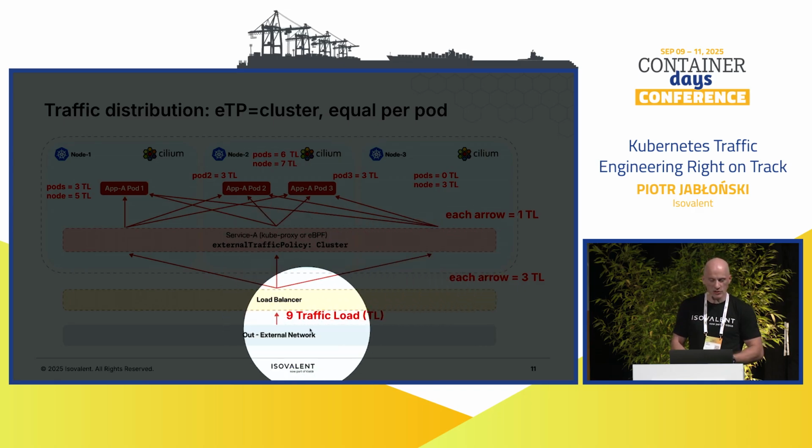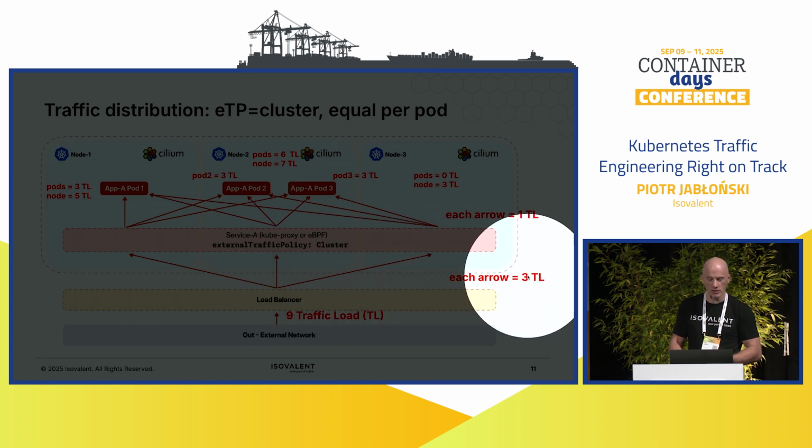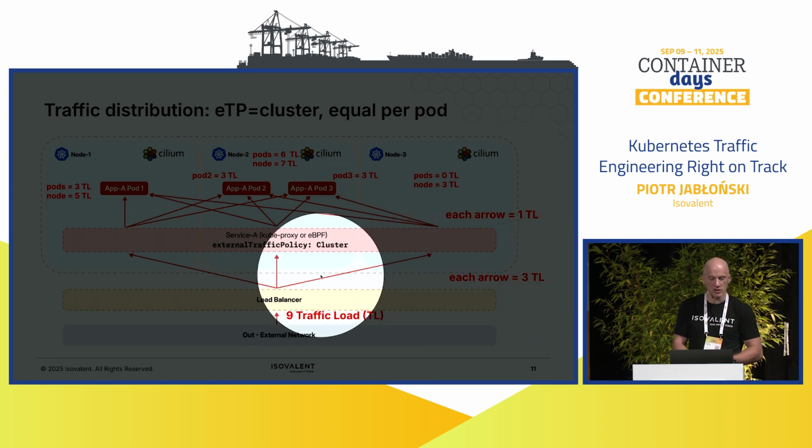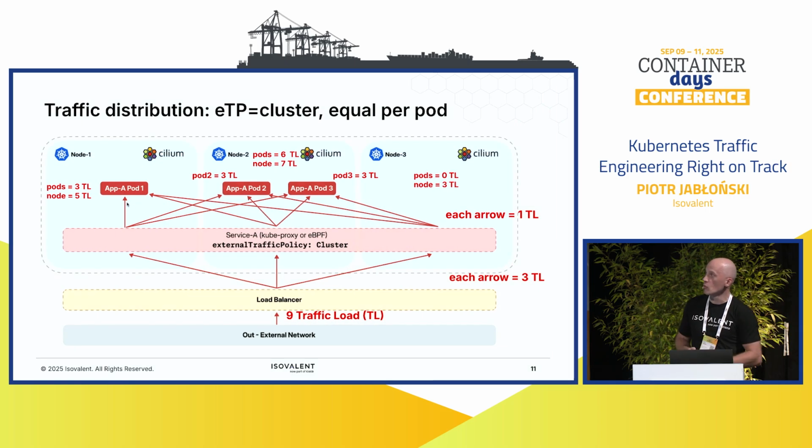So 9 traffic load units will be distributed with 3 traffic load units per each line. We end up in a situation where each pod takes 3 traffic load units. So this makes the load balancing, in this case, equal per pod, not per node.